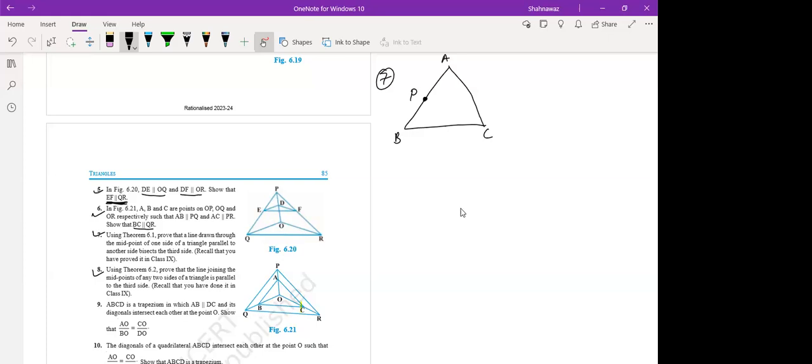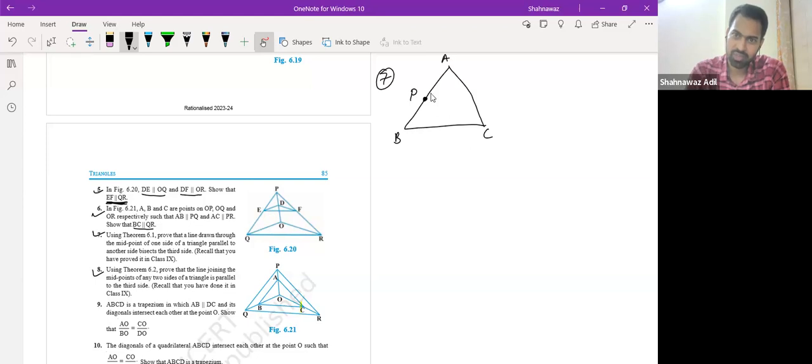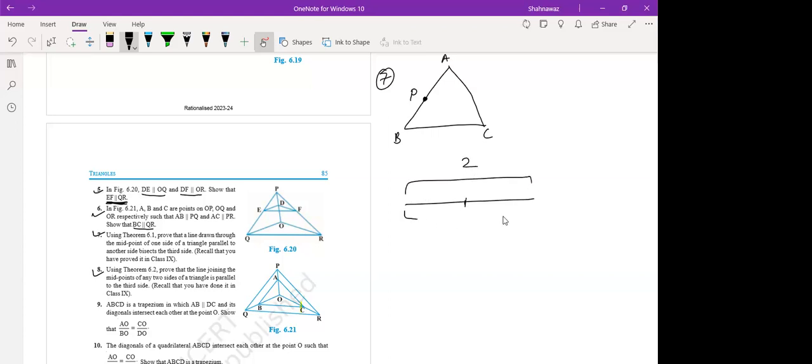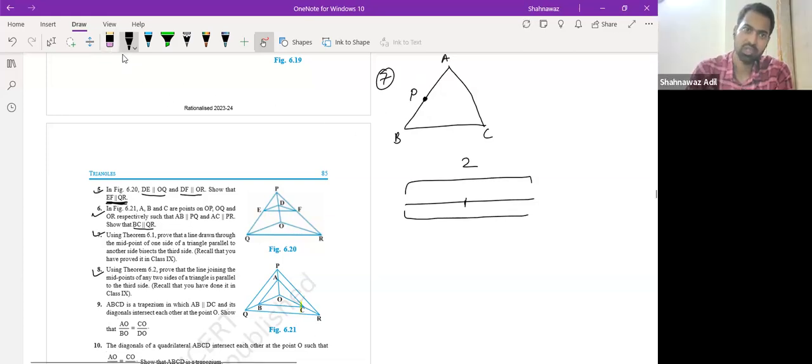It will join with PC. So if P is the midpoint, AP will be half of AB. Yes, absolutely correct. So AP would be equal to PB.